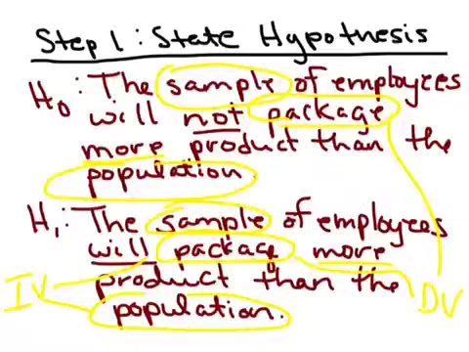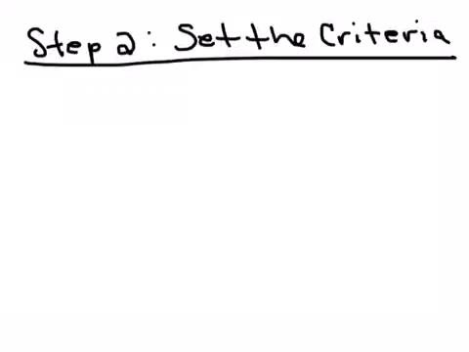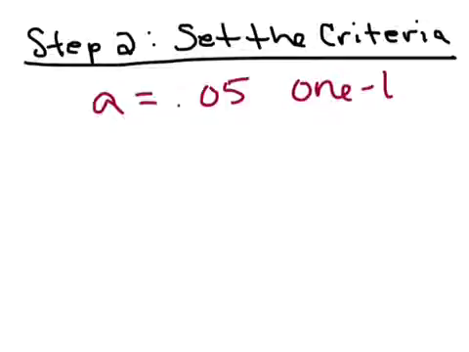Step 2 is setting the criteria. Now we know that our alpha equals 0.05, and we know that it was one-tailed, and it's stating that we're looking for more, for them to package specifically more product.